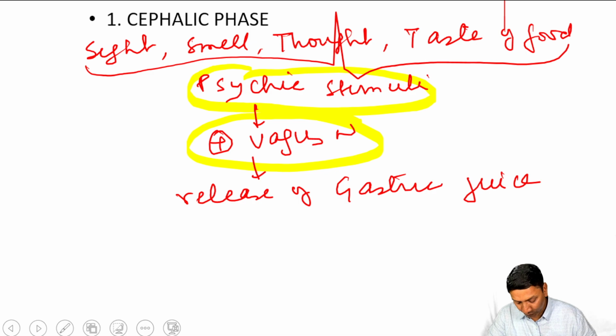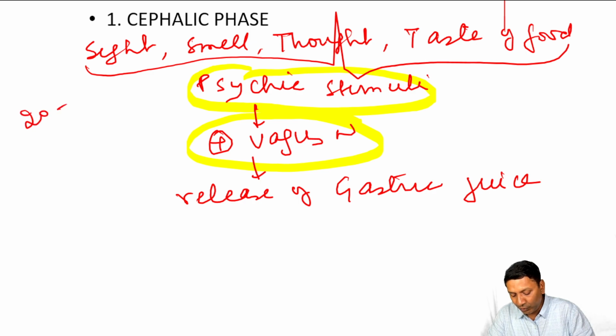And as I told you, this cephalic phase will contribute how much to the gastric juice secretion? It will contribute 20 to 30% of the gastric juice secretion, right?